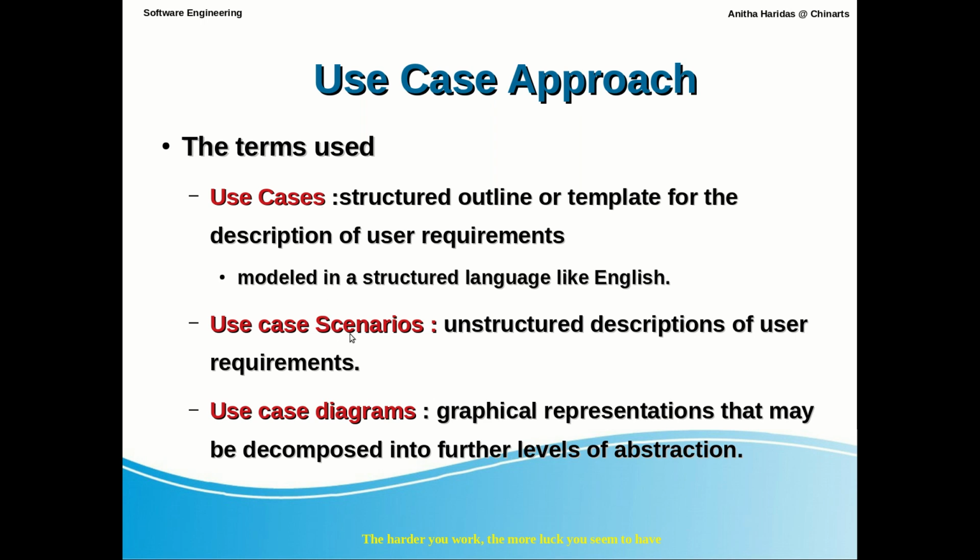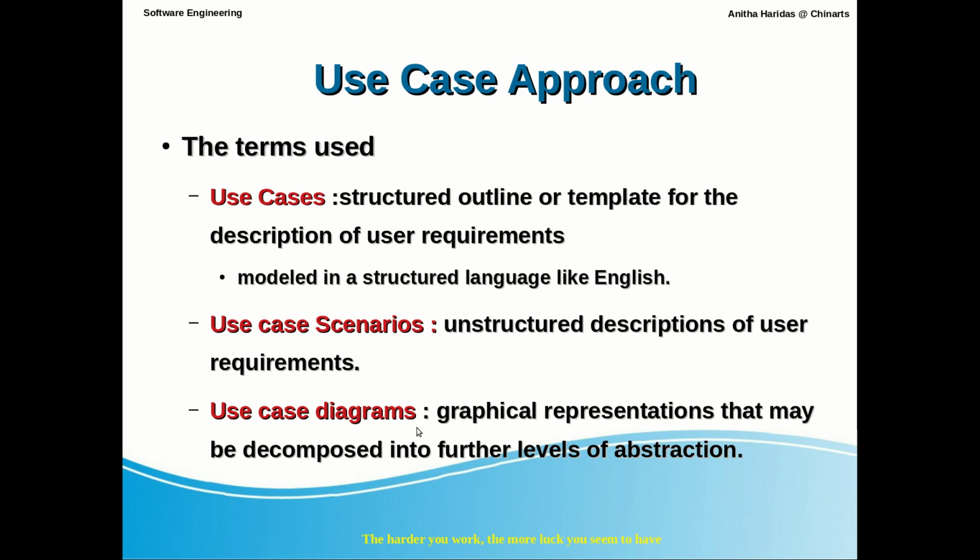Whereas a use case scenario is an unstructured description of all the user requirements. I am not going to have any particular structure. It just describes the scenario for each and every user category. The third one is called use case diagrams, which is a very interesting representation.